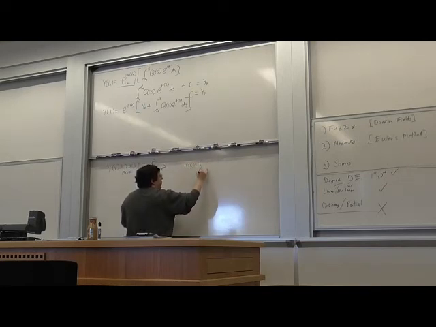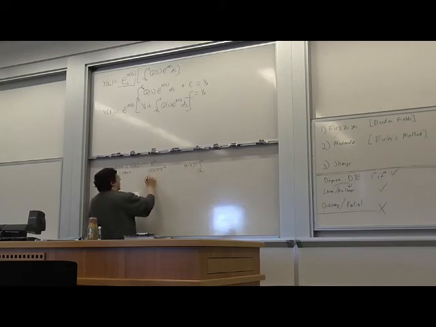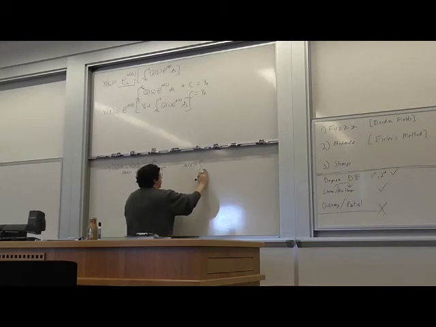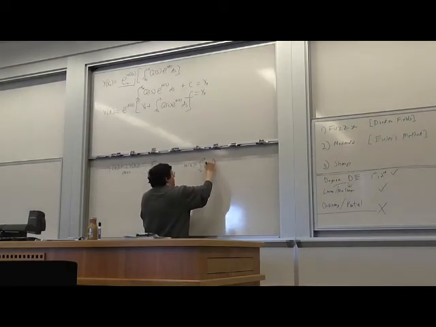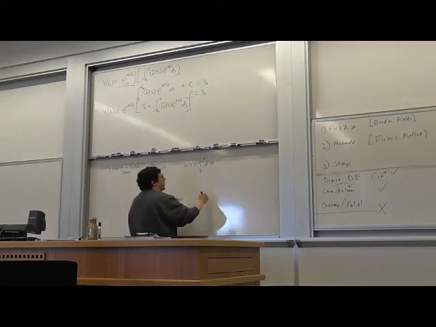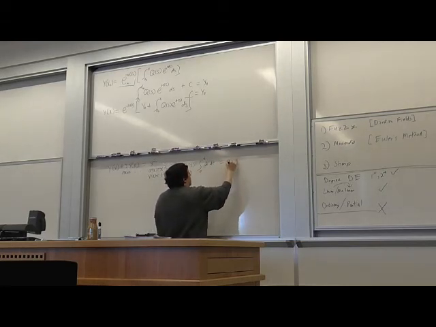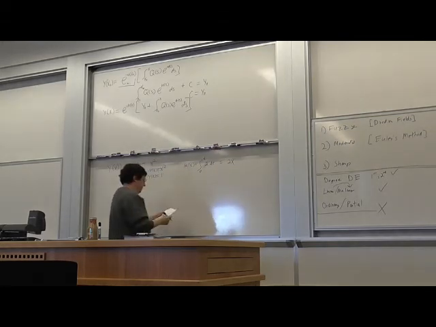H of x is the integral from x naught, oh, we want the initial condition y of 0 equals 1, right? So x naught is 0, to x of p, which is just plain old 2. Doesn't matter what the dummy variable is. So this is equal to 2x.